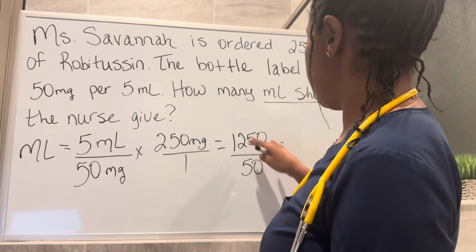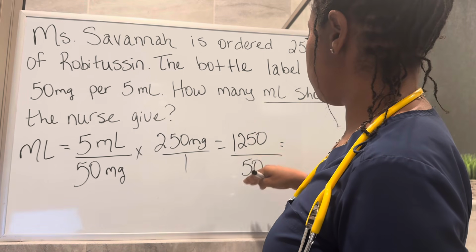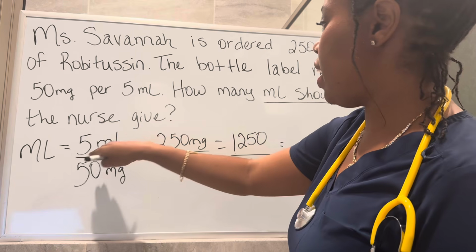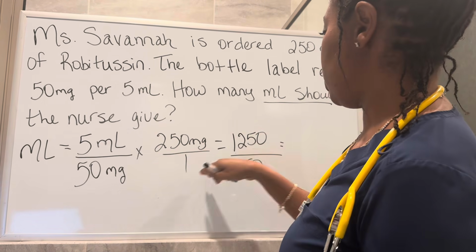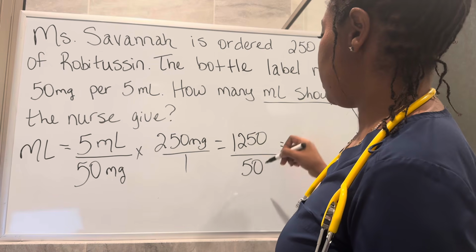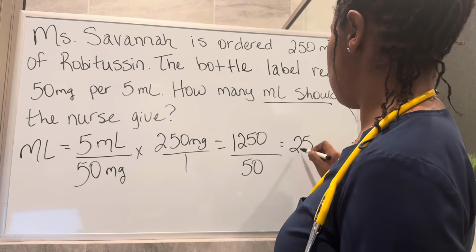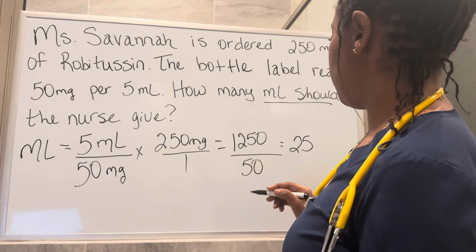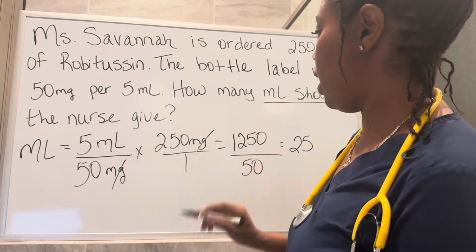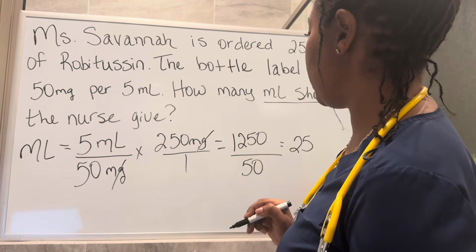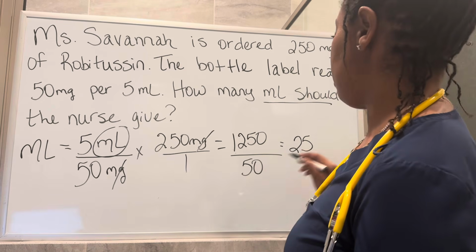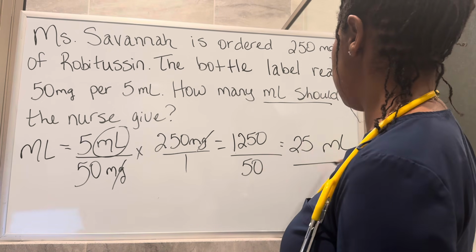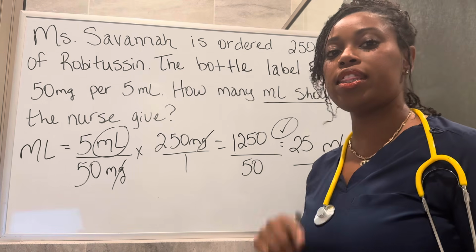That leaves me with 1,250 over 50, and 5 times 250 gives me that. 50 times 1 gives me that. And after I divide these two, it's going to leave me with 25. Therefore, I know that after crossing out the things that I don't need, I'm only left with what I need, and I know that I have 25 milliliters. All right? You just got that answer right.